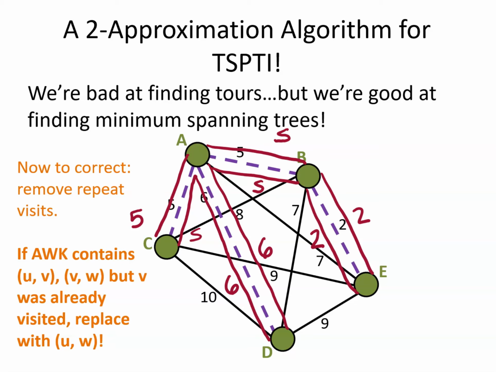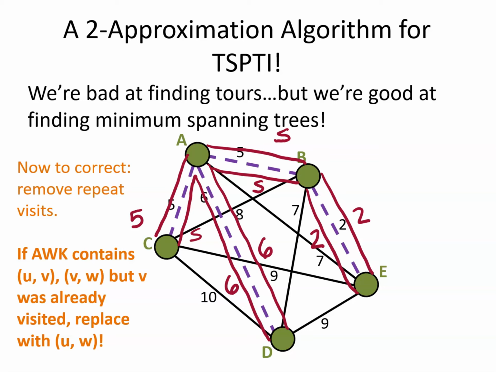So, if awk, our not quite tour, contains an edge u, v followed by an edge v, w, but we know that somewhere prior to u we had already visited v, we're going to replace that edge with u, w. It's possible that we've already visited w at that point too, but we're going to let the next step of processing repeat this same rule for correcting awk. And by doing this, we're going to be able to simplify our original awkward tour into a correct tour.